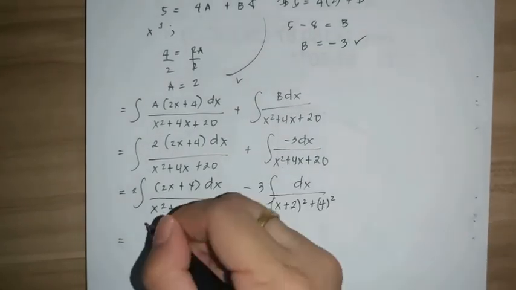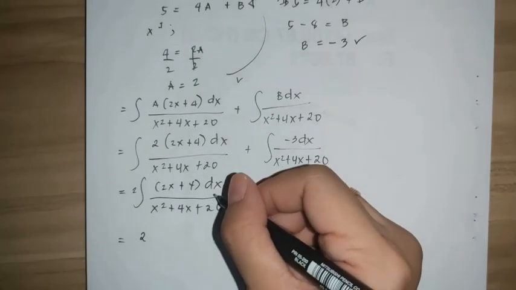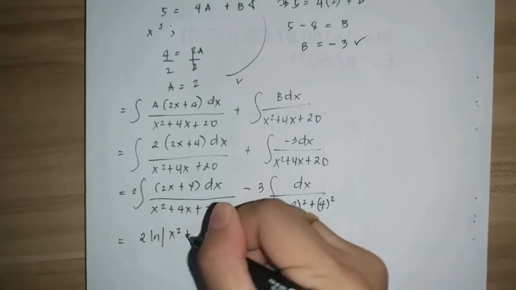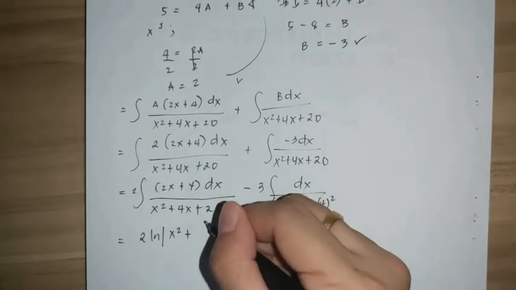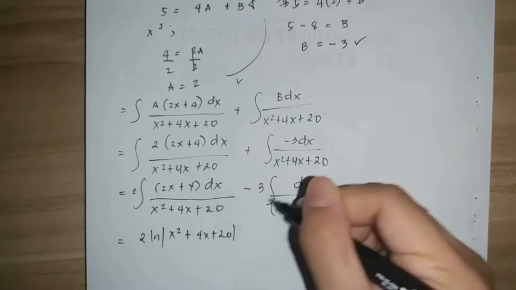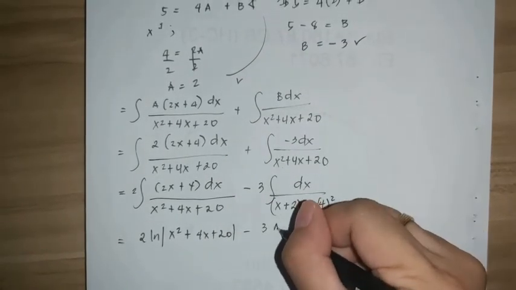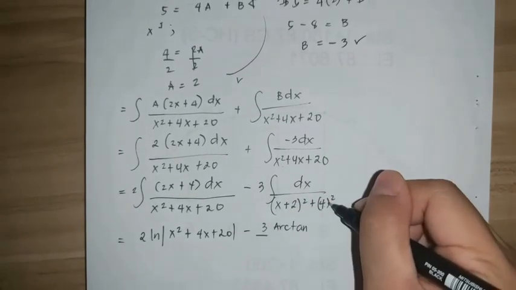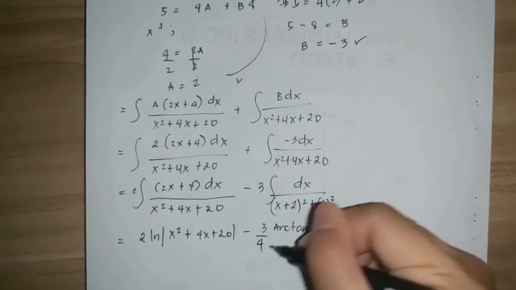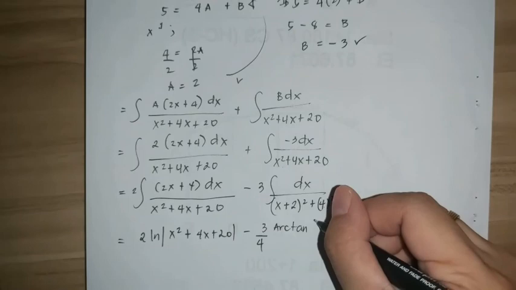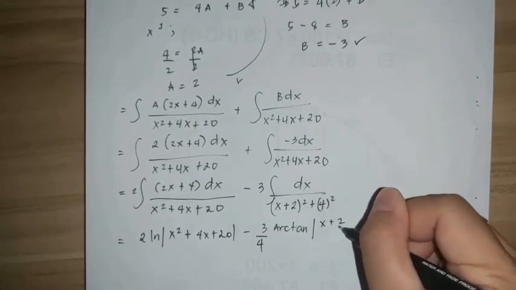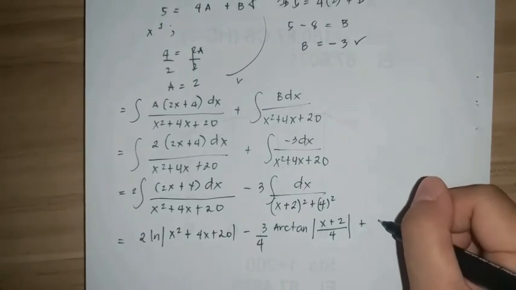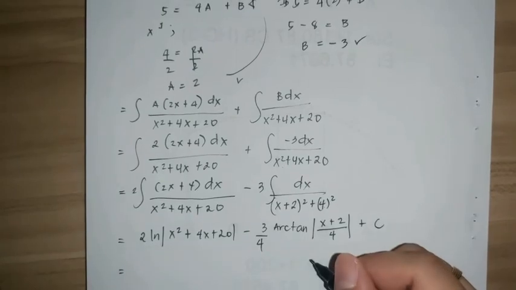We have 2 times ln of x squared plus 4x plus 20, minus 3 over a, which is 4, times arctan of (x + 2) over 4, plus C.